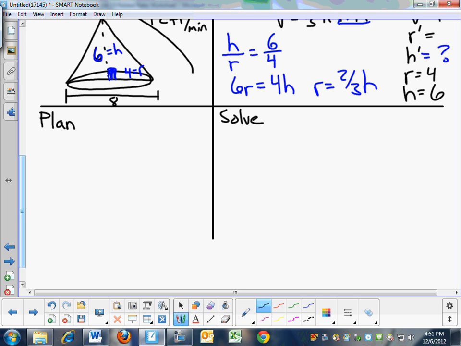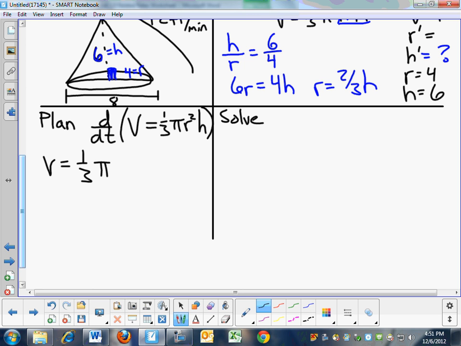My plan is to take the derivative with respect to time of my volume equals 1 over 3 pi r squared h. Let's get that formula. Volume equals 1 over 3 pi. What is my radius? It is 2 over 3 h, squared, times h.